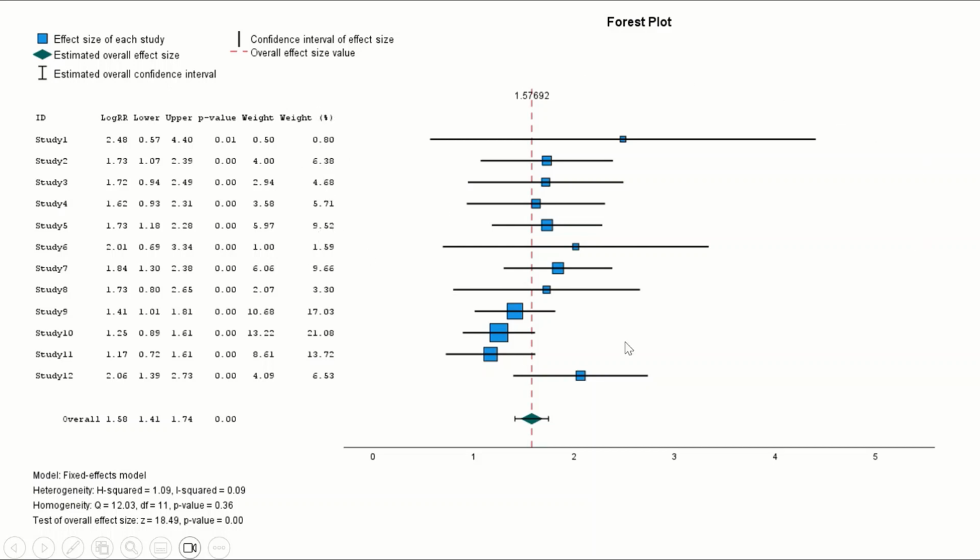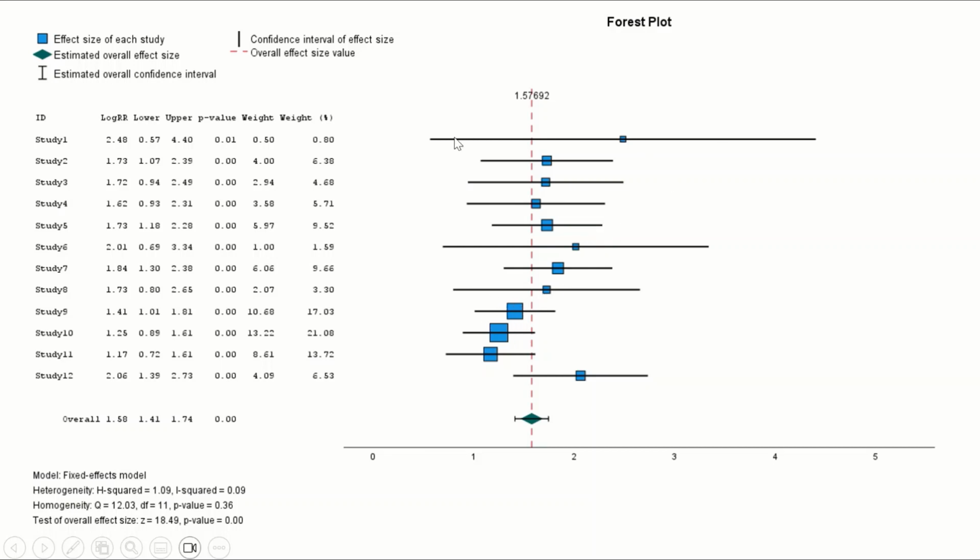The second section is the diagrammatic representation of the descriptive statistics, with the square symbol here representing the risk ratio for each study. There is variation in the size, and this is due to the weight percentage, which reflects sample size, as a larger sample size will have a larger square.